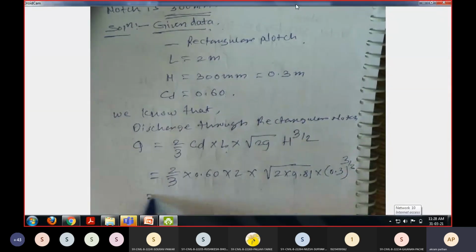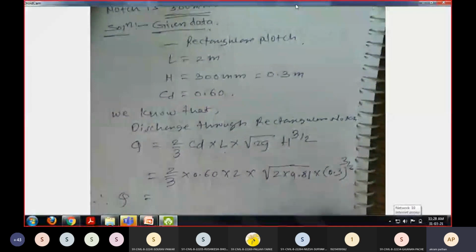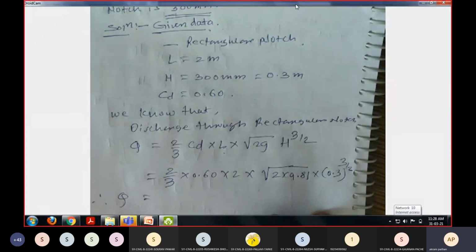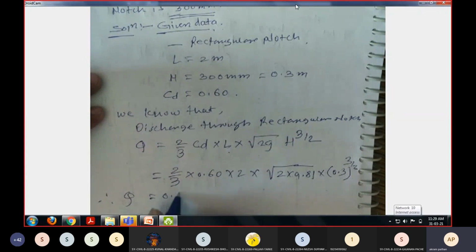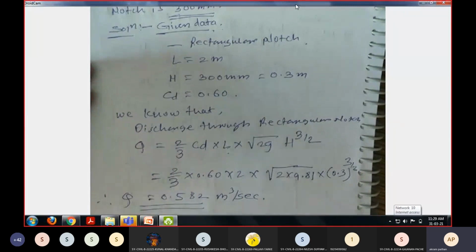So calculate this Q. Therefore the discharge is 0.582 meter cube per second. So this is the discharge.